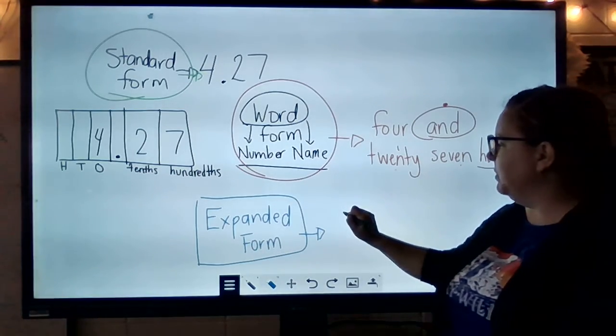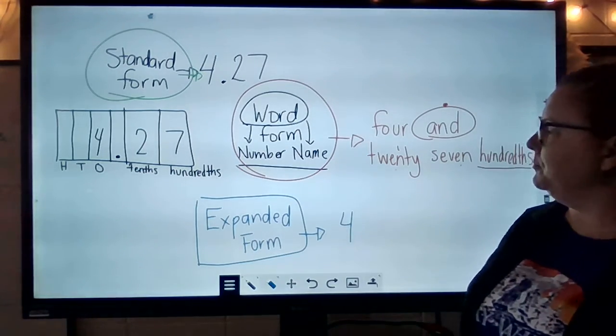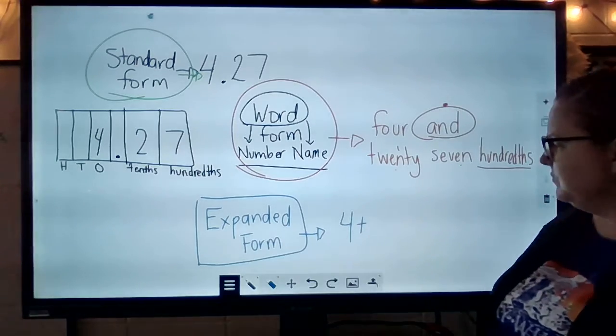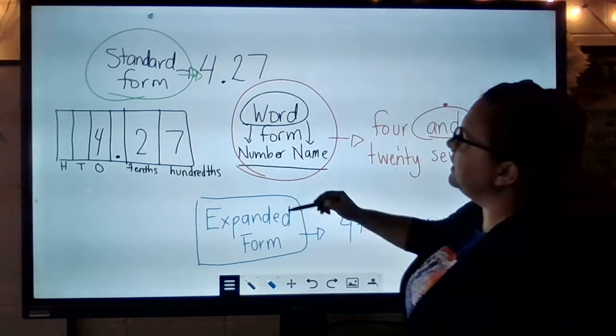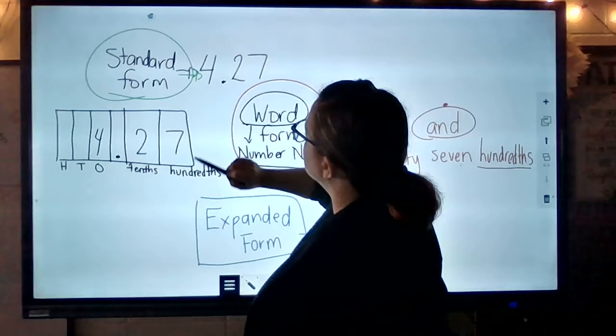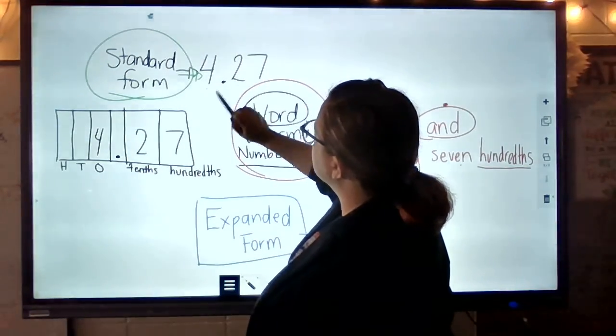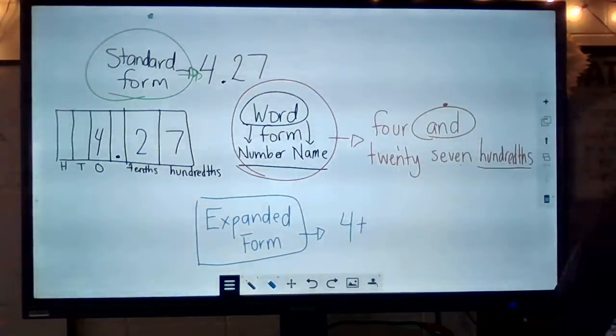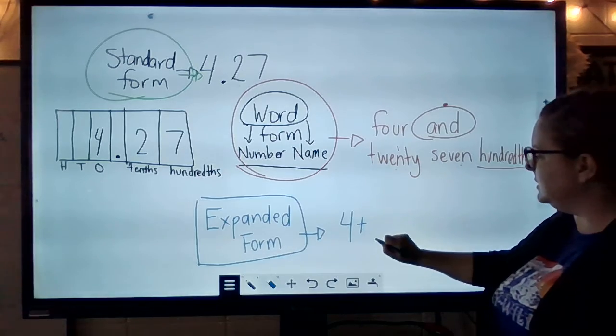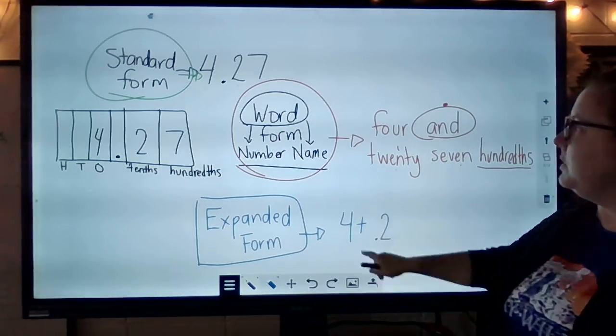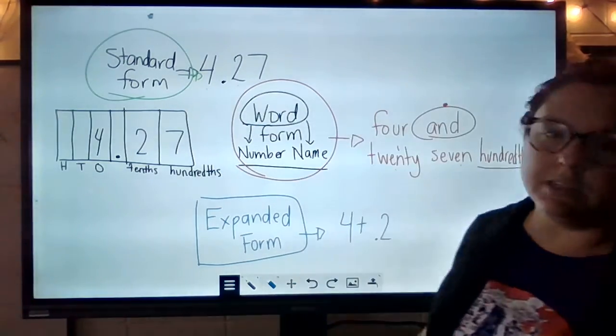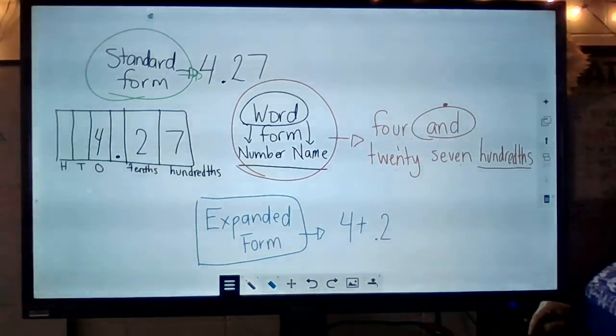So you would just simply put 4, because it's a whole number, then your plus sign, okay? Then the next digit is a 2, but it's 2 tenths. You have to put a decimal point. But you can see the decimal point's right next to the 2, so that's how you're going to write it.